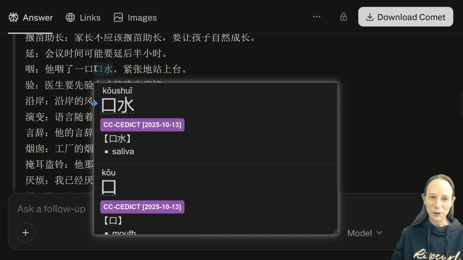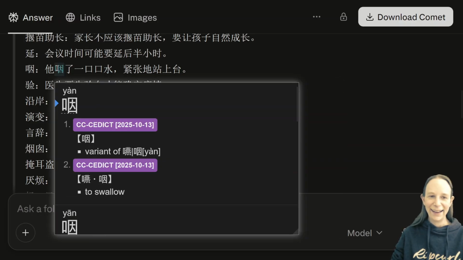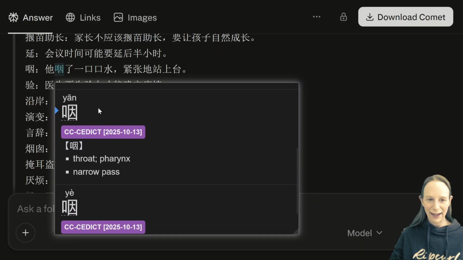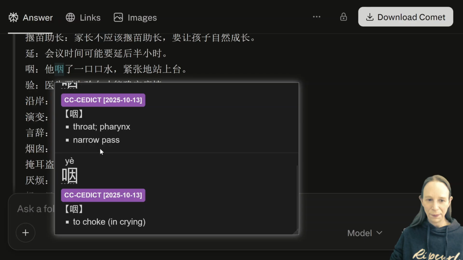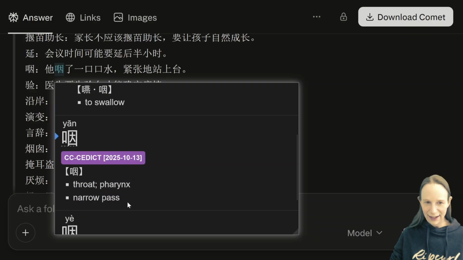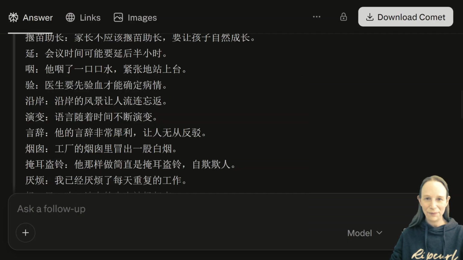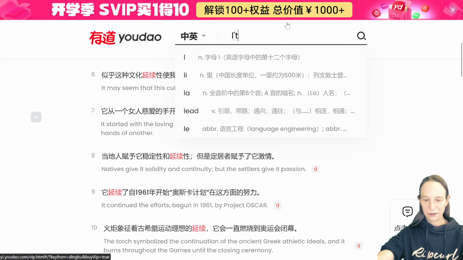Yeah, okay, so 口水 is... Oh, yan is fourth tone when it means swallow, and yan... Oh, there's this one as well, isn't it? Okay, yan first tone is when it pertains to your pharynx, your throat.